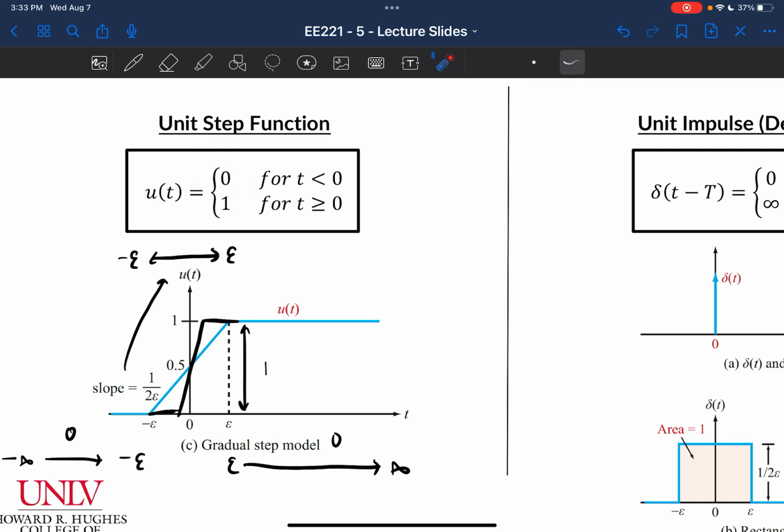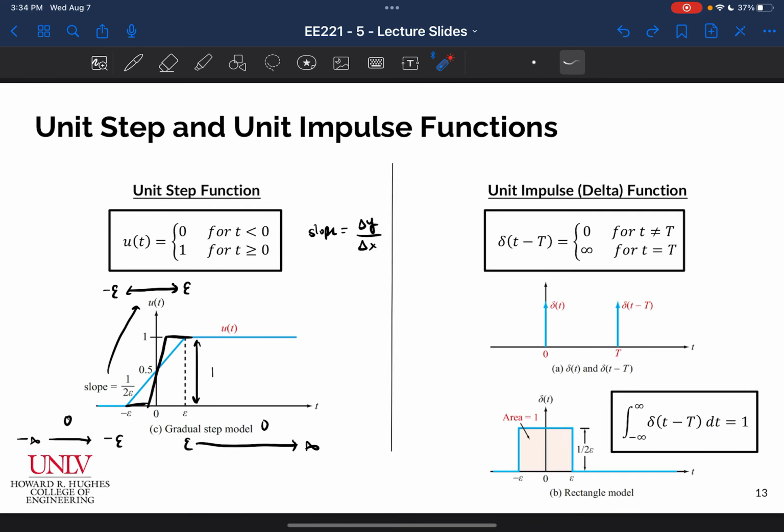That would be infinite slope if I have an instantaneous change in the y direction, because slope is equal to my change in y divided by my change in the x direction. So if my change in the x direction is 0, or instantaneous, my slope blows up to infinity.